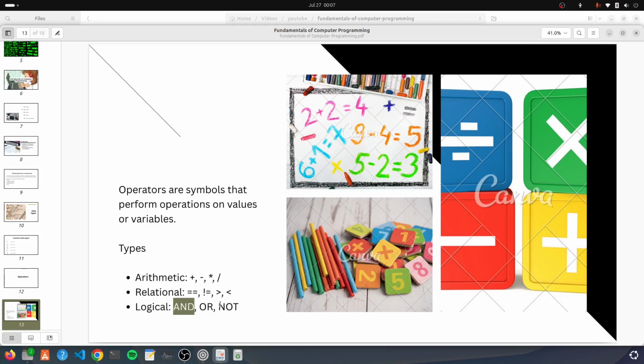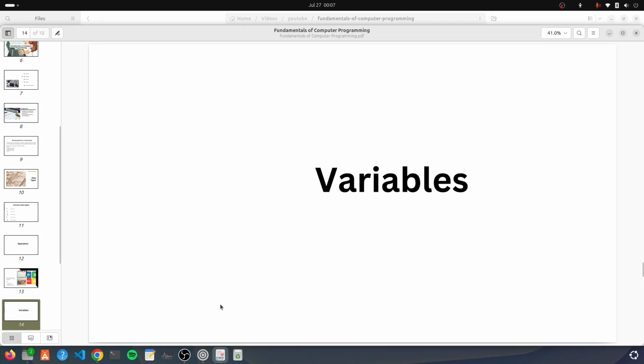Variables. When a computer is performing an arithmetic operation or is storing a value, it stores this using what we call variables, right? So variables are stored in a place called the memory address of the computer system.